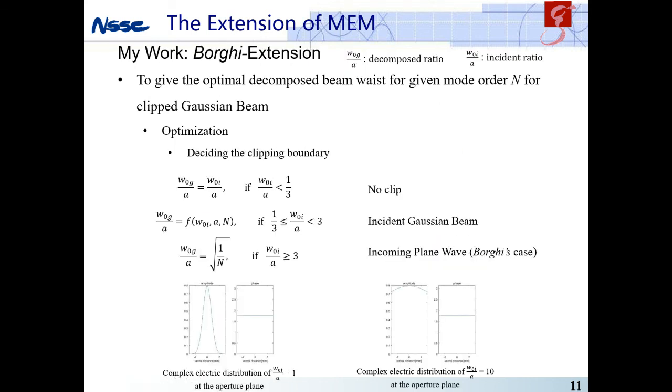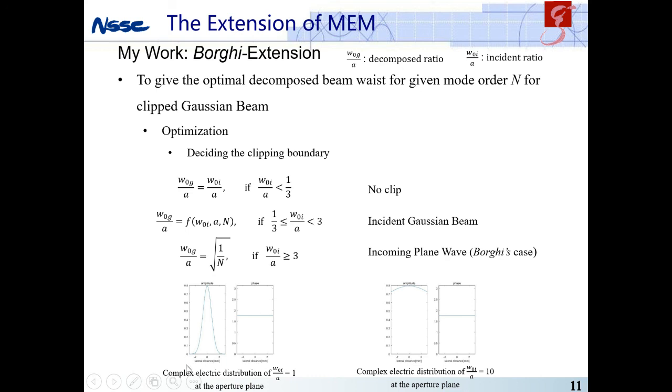Next, I decided the clipping boundary to define the different clipping cases. If the incident ratio is smaller than 1/3, there is no clip, so the optimal decomposed ratio is equal to the incident ratio. We don't need to decompose beams because they are not clipped. If the incident ratio is between 1/3 and 3, the incident beam is a Gaussian beam.